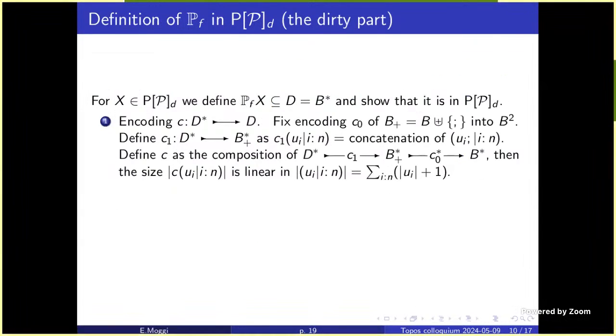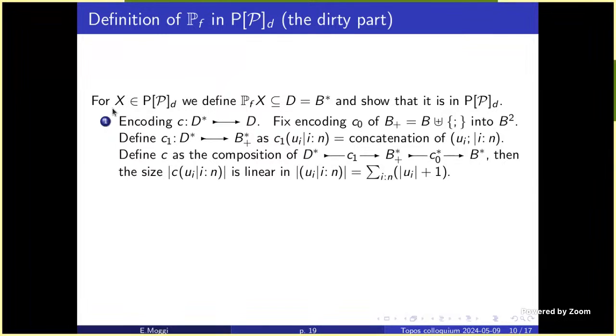So let me show some steps of this dirty part of a proof, which is normal when you use realizability.